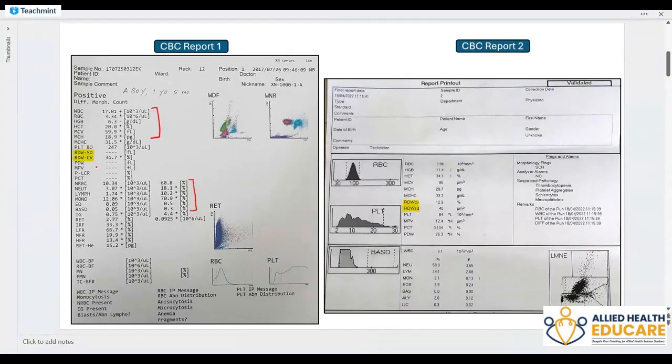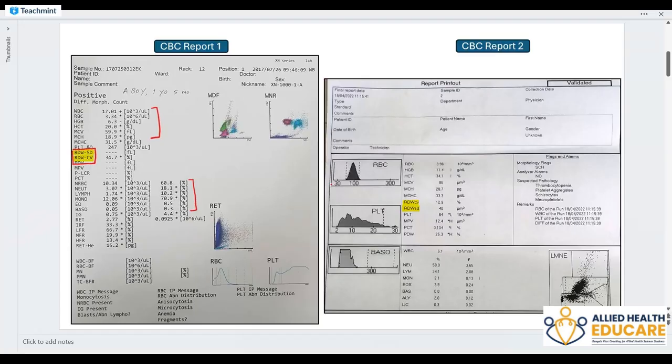In the RBC indices, there are MCV, MCH, MCHC, and also two parameters, that is RDW-SD and RDW-CV. So what is RDW? What is SD? What is CV? This is the discussion topic of today.